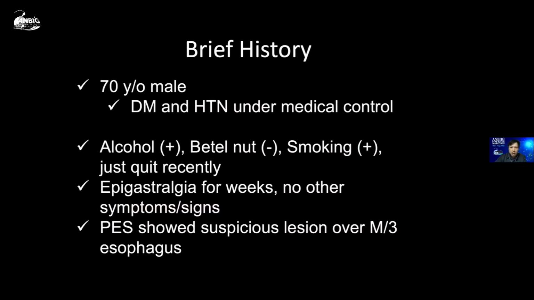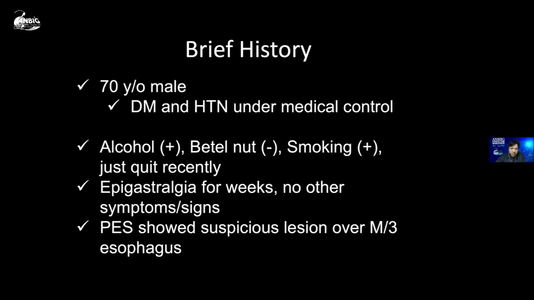So now I will present my case to let the audience know how I approach the patient using NBI and magnified endoscopy. This is a 70 year old male with underlying DM and hypertension under medical control.